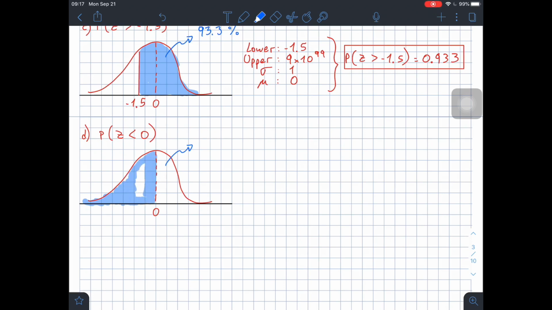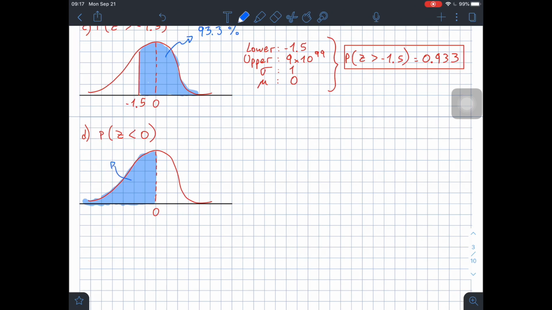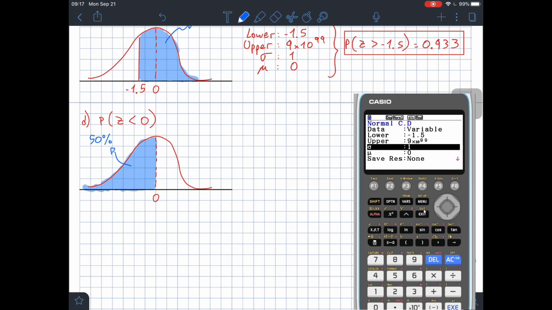And since the normal distribution is a symmetrical bell-shaped curve, you should automatically know that this region over here, let me erase this, must represent 50% of the information, right? It should be 50% of the information. You can check that in a calculator if you want. Let me show you. If we go back, in this case, we're going to put as lower negative infinity, right? Negative 9 times 10 to the power of 99. And as upper, we're going to put 0.